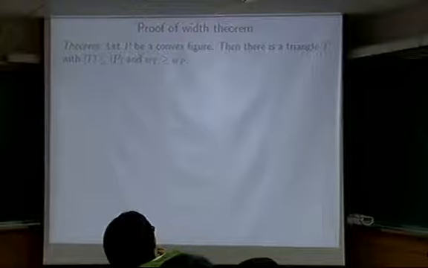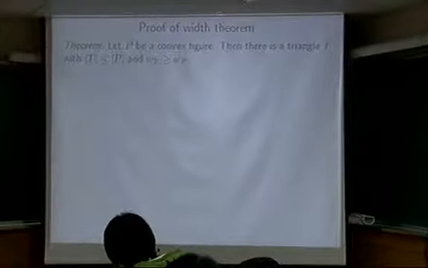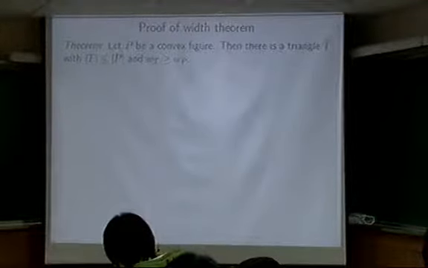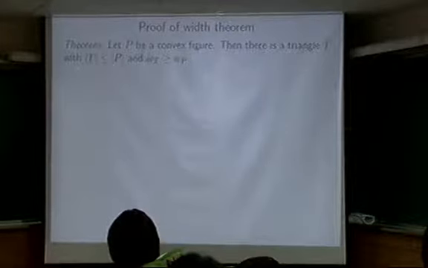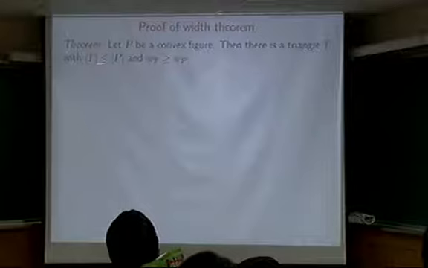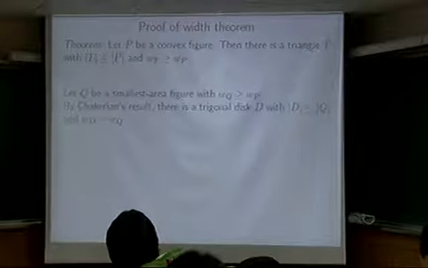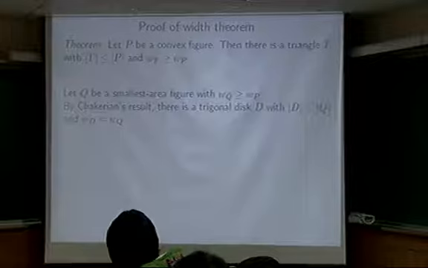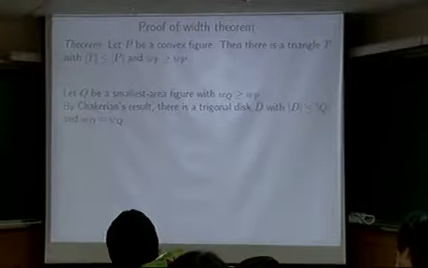Okay, so now let me get to my width theorem. So let me remind you. I want to show the following. For any given convex figure, there is a triangle whose area is at most the area of the original object P, but whose width function dominates the width function of P. So I pick a smallest area figure whose width function dominates P. And by this result by Kakeya, I know that I can choose this to be a trigonal disk.